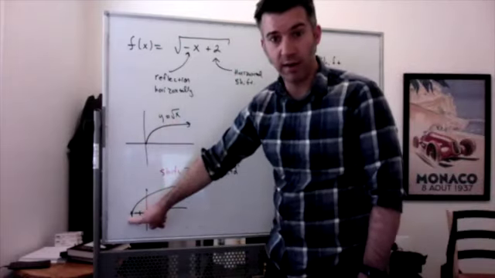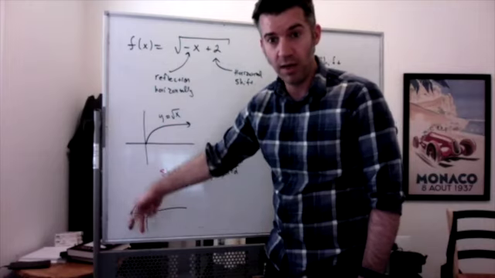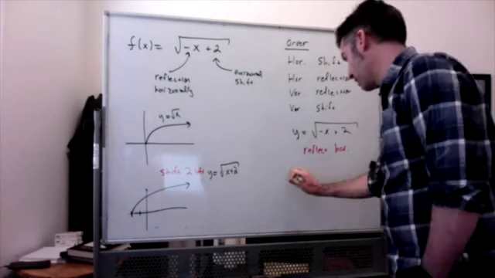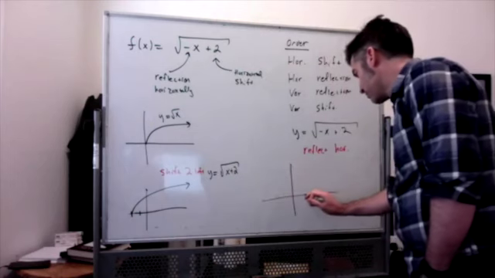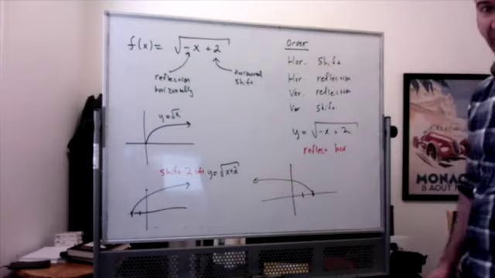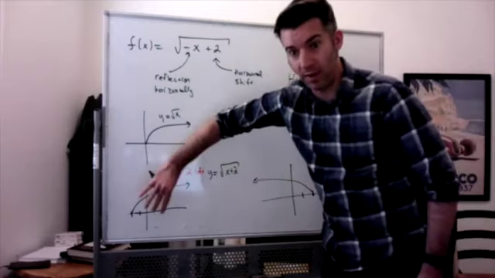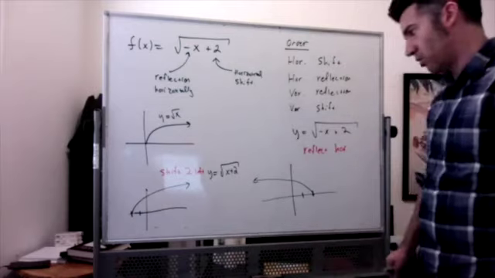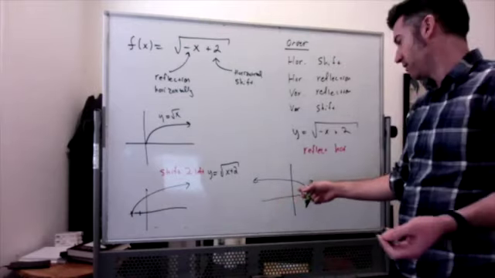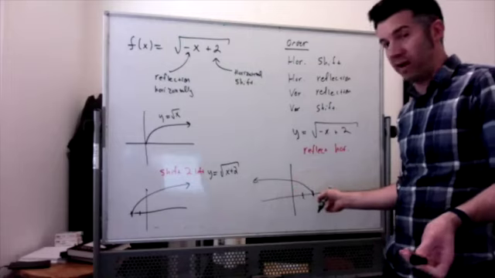So this point that's over there, -2, 0, is going to flip over to the other side and be +2, 0. So what it's going to look like is it's going to look like that, right? This thing got flipped around the y-axis. So at the end, it kind of looks like we actually flipped it and then shifted 2 to the right.